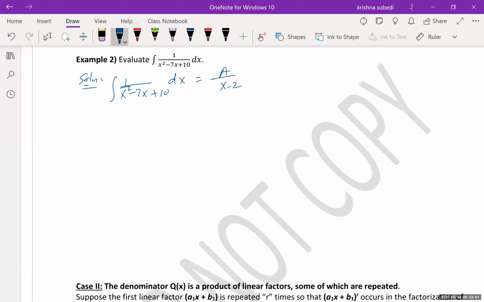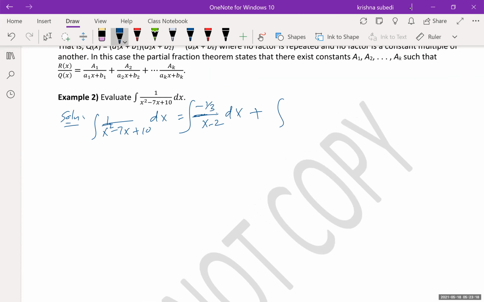Okay, integration of that. A is what? Negative 1 over 3. Okay, so let me substitute that. So negative 1 over 3 dx plus this factor. Remember what we got here, let me just copy what we did.